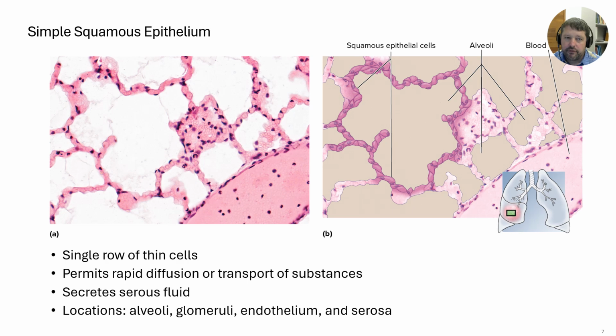Not very many layers of cells, because the more layers of cells thick it is, the less transfer you can get. So a single row of thin cells permits that diffusion of gases from inside to outside across that membrane.